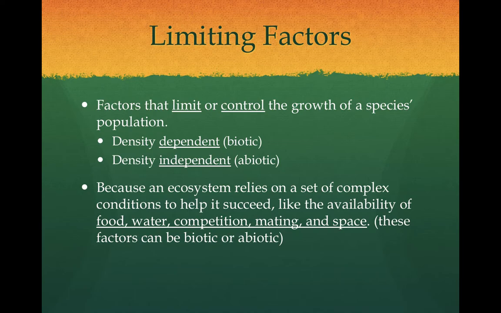What we mean by that is, if there are too many of the organisms fighting over water, then that would be density dependent. But if the reason they're fighting over water is because there was a massive drought, that would be an abiotic factor. What you have to look at is what causes there to be the competition.